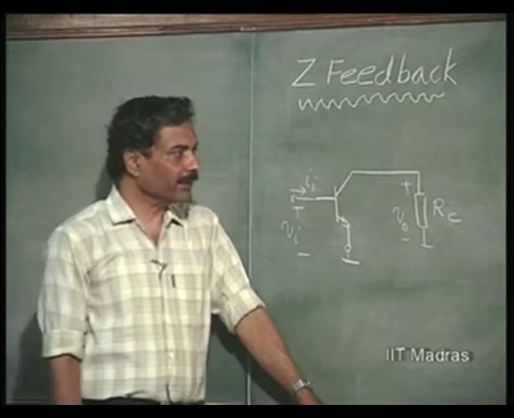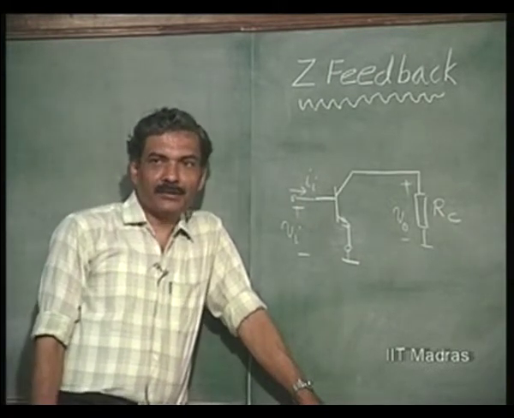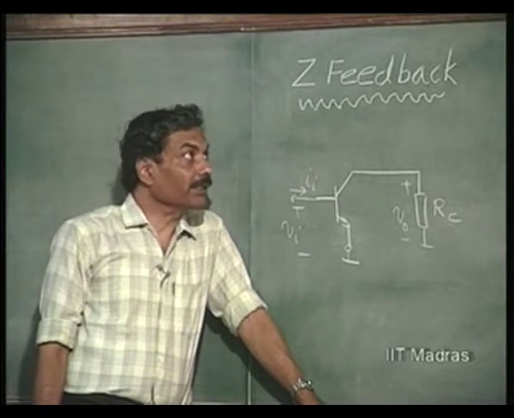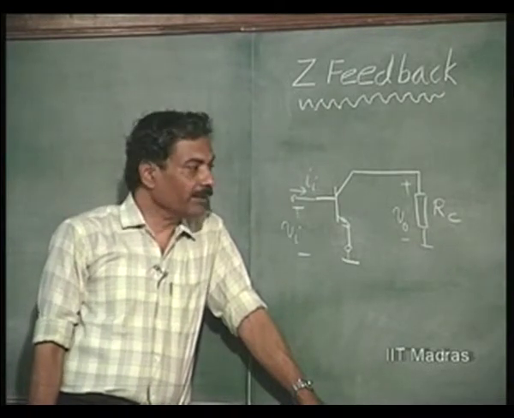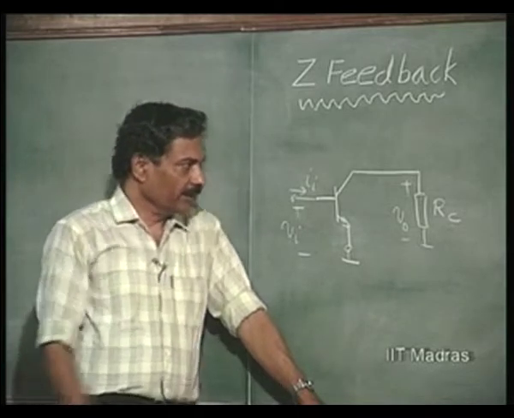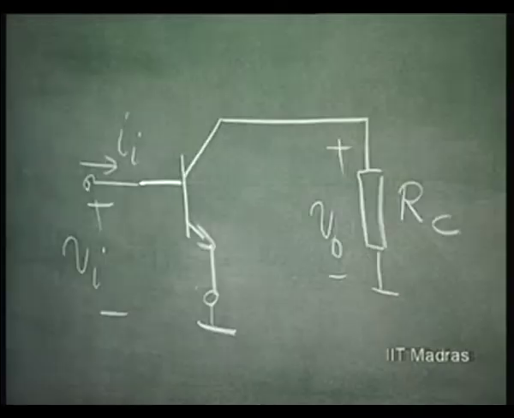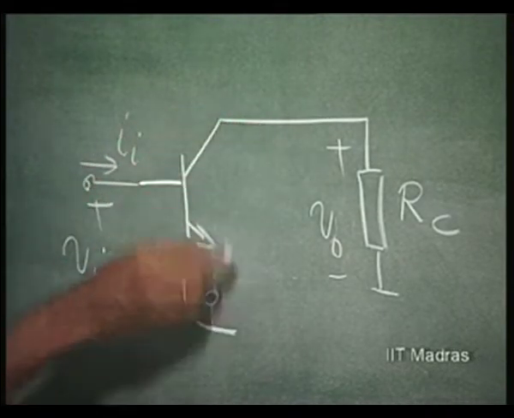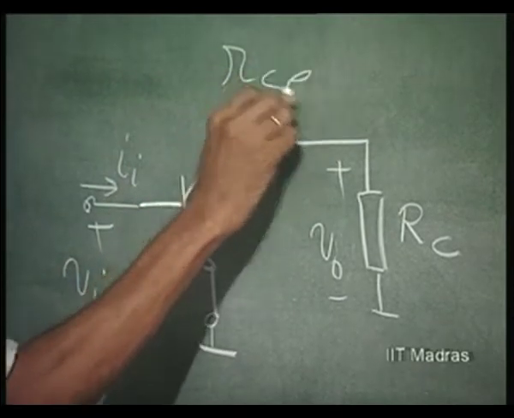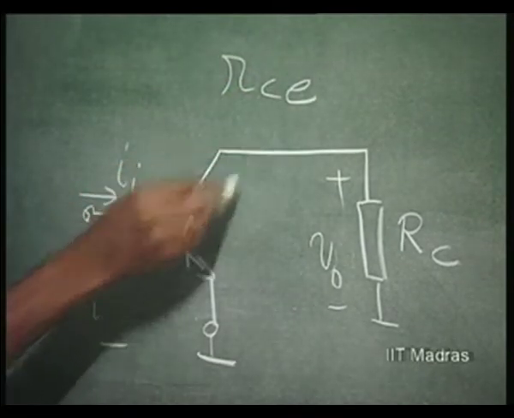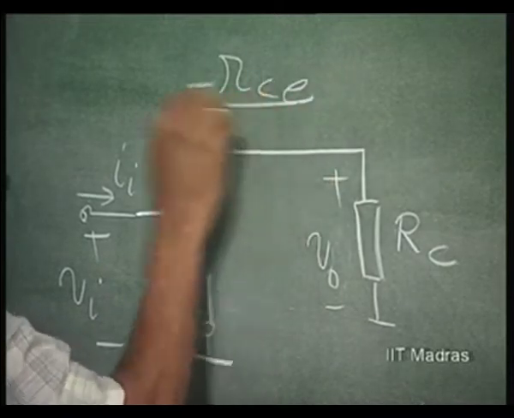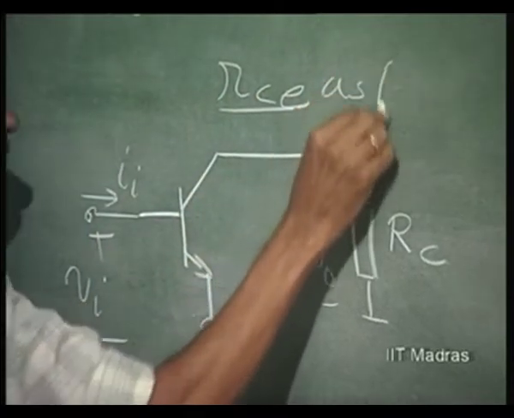We had earlier considered Y feedback in order to realize idealized current controlled voltage sources. Now, consider Z feedback applied to a single transistor. This is the single transistor amplifier. Since we are applying Z feedback and we are going to use Z parameter, we have to consider the RCE, the output resistance of the transistor, as finite.